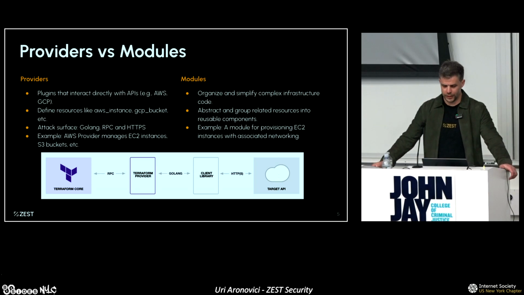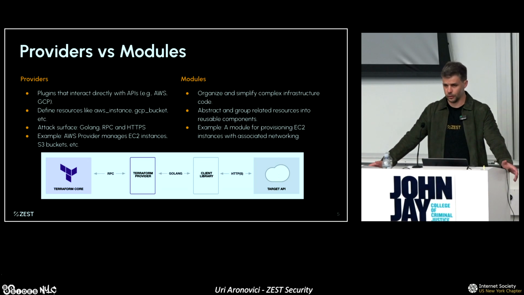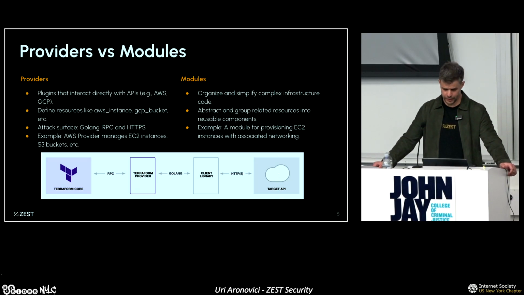So what are providers and modules? Terraform is based on plugins, called providers. They interact with cloud services, SaaS services, and also API targets. They define the resource types and also the data types for the resources that they're going to create.